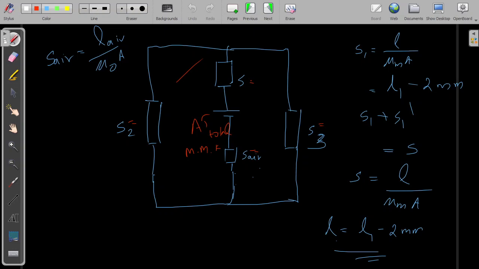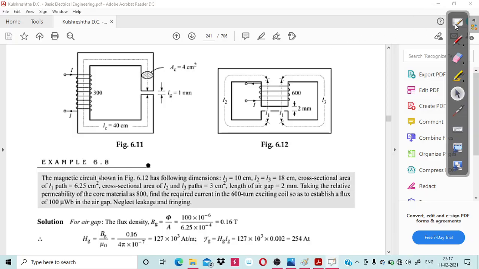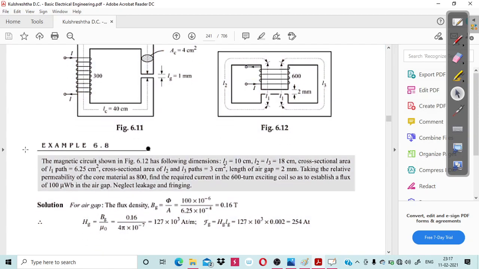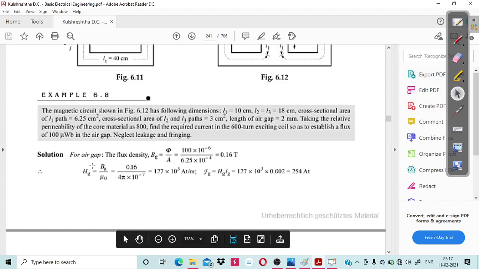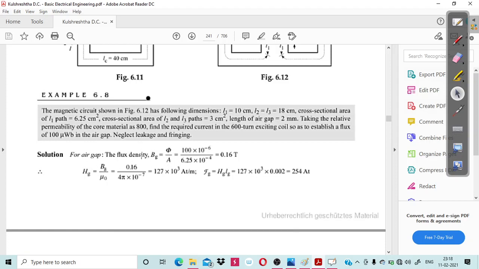Or you can solve this problem in terms of H and L also. In this textbook they solved it by that method. First, for the air gap they have calculated the flux density, that is phi by A. Phi is given, A is also given. So phi by A, that is Bg, the flux density for the air gap.